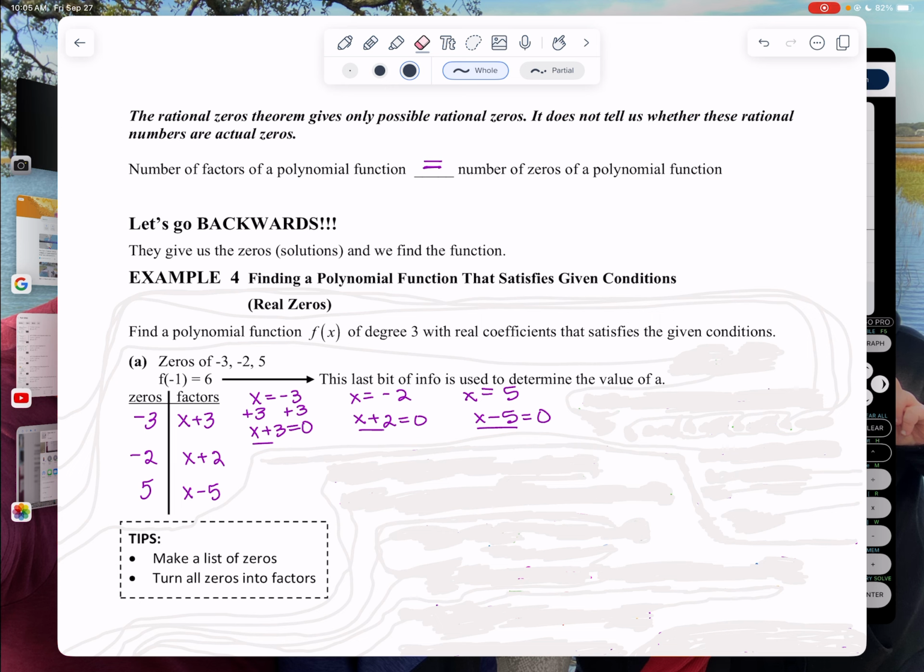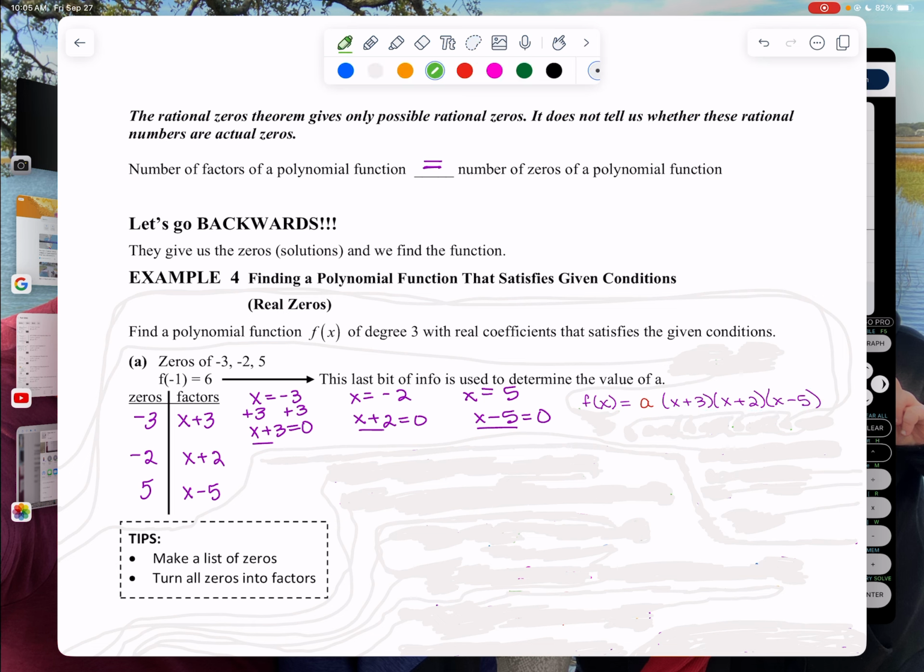So let's write out what we know so far. Right now, we know that f of x is going to have these factors in it. If it wasn't for this pesky little a right here, we could just FOIL this out. It's going to take a little algebra, and we would have an equation.